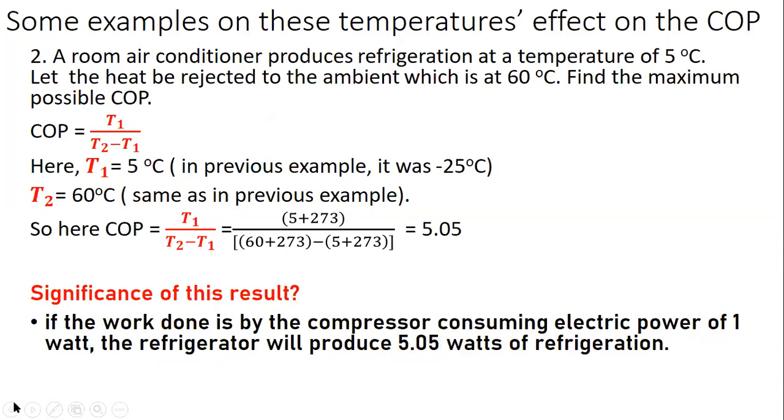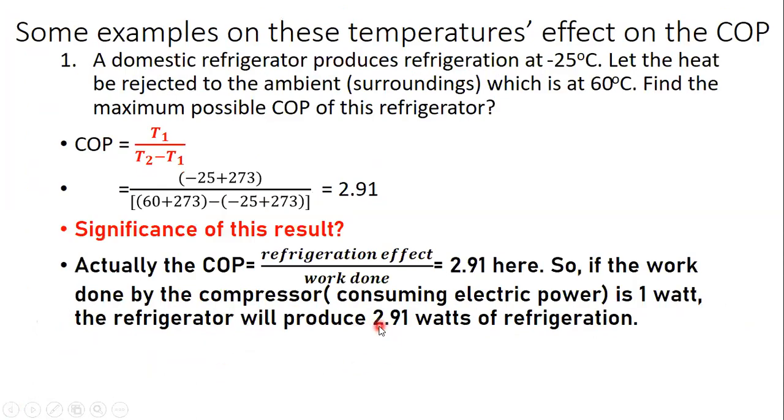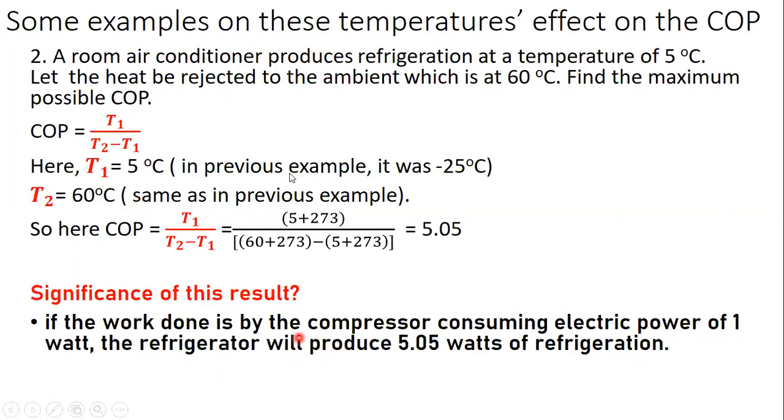In the previous example, the refrigerator working on the Carnot refrigeration cycle was producing only 2.91 watts of refrigeration when the outside temperature was 60 degrees Celsius. Here the outside temperature is again 60 degrees Celsius, but it is an air conditioner.